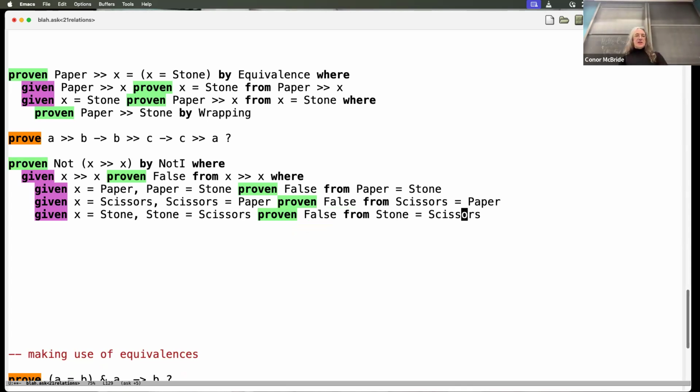Okay, let's do one more before halftime. Namely, for any A, B, and C, if A beats B and B beats C, that nearly came out as BBC, then C beats A. So do we believe this about this system?